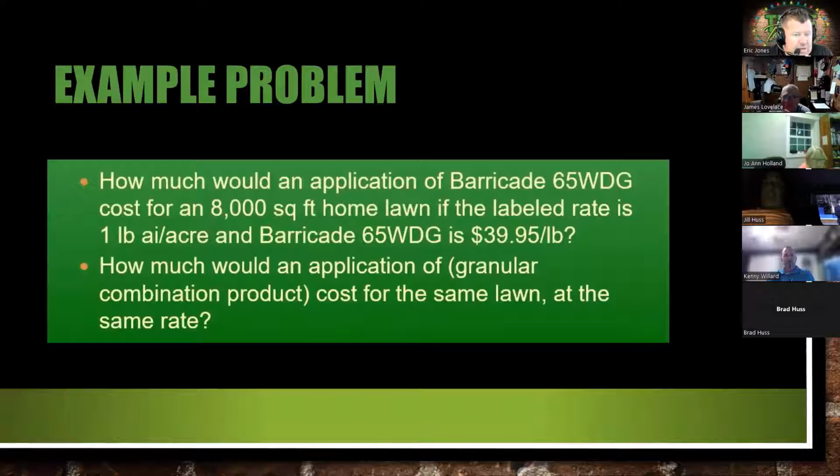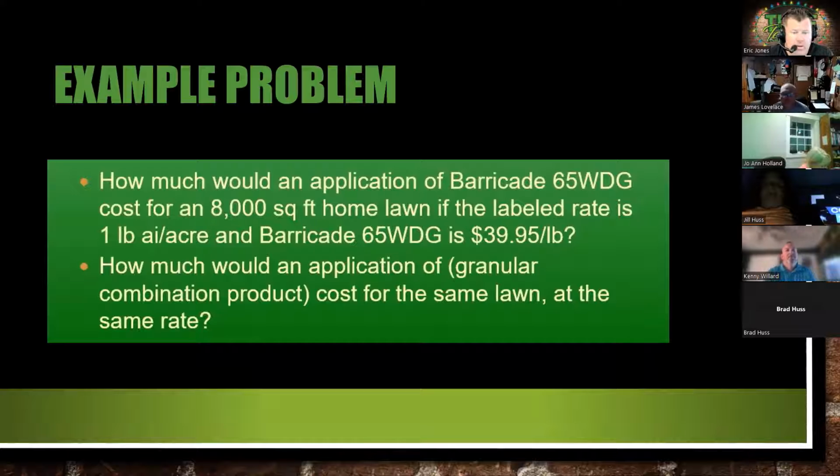How much would an application of Barricade 65 water dispersible granulars cost for an 8,000 square foot home lawn if the labeled rate is 1 pound active ingredient Barricade per acre, and Barricade 65 WDG is $39.95 per pound? And then how much would an application of granular combination product cost for the same lawn at the same rate?